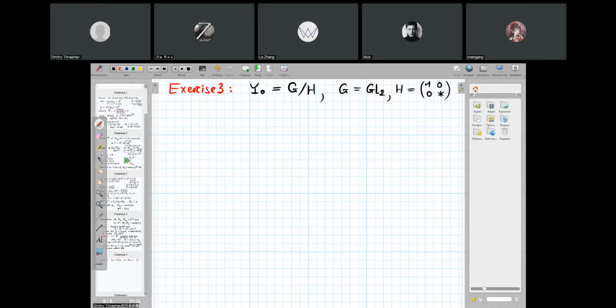And the parts of this exercise are the same. So the first part is to prove that Y naught is a spherical homogeneous space for the action of G. And the second part is to compute the colored data.